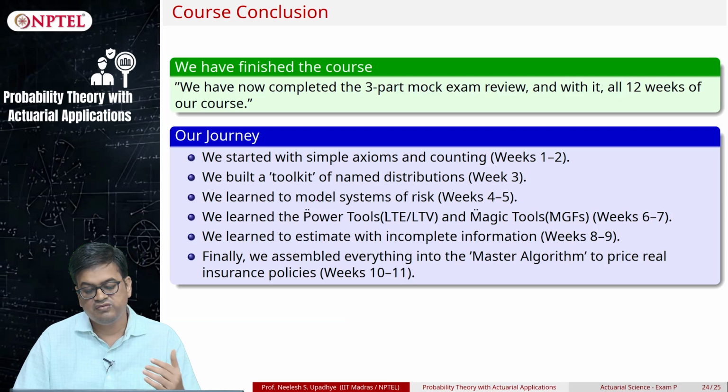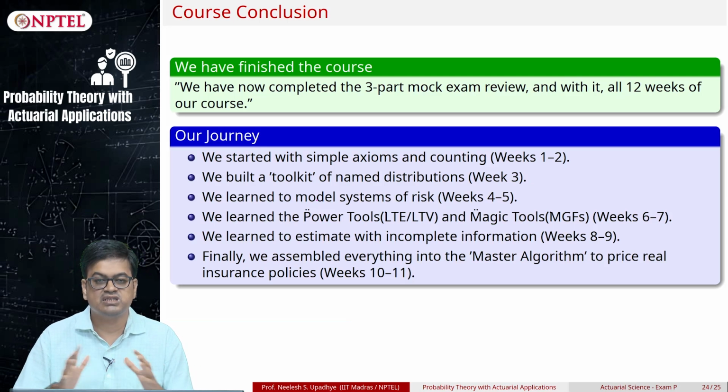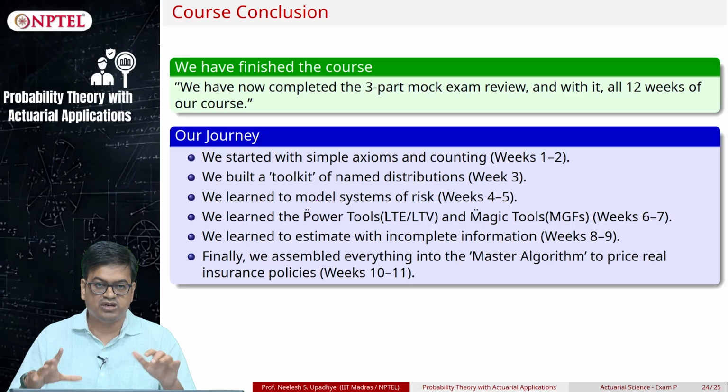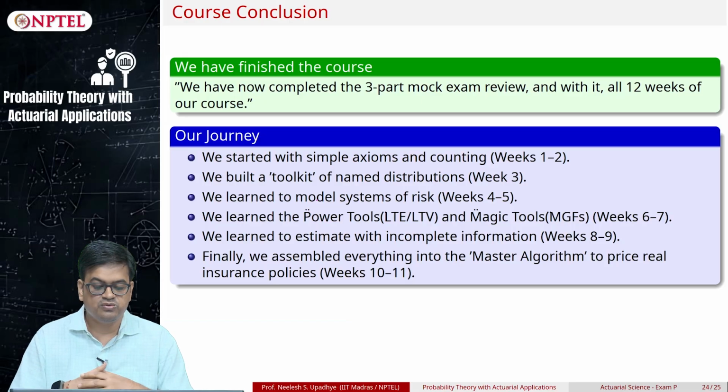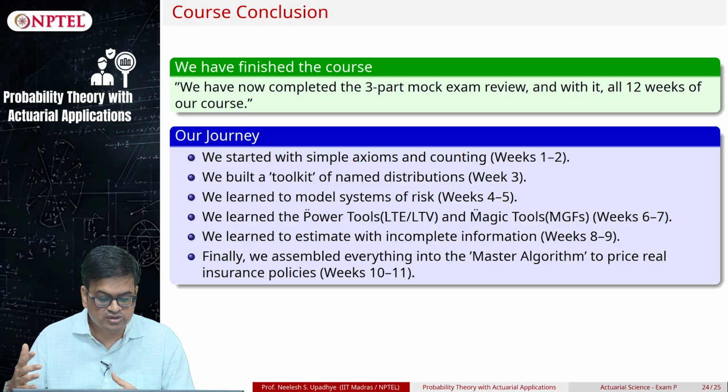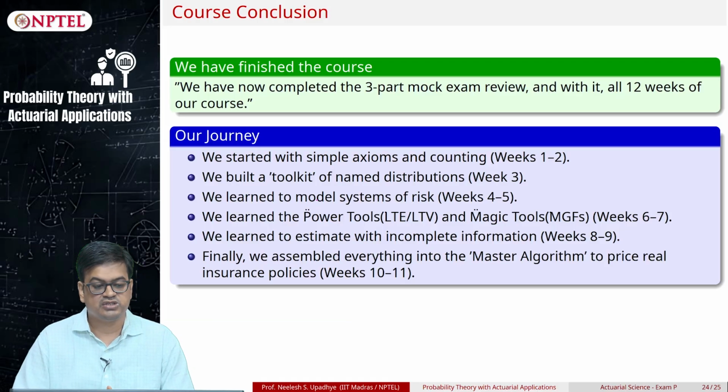And finally, in weeks 10 and 11 we dealt with random sums, and we gave them the actuarial perspective, and we saw how to design a master algorithm for real world insurance policies. That was our contribution, and we have completed this course.